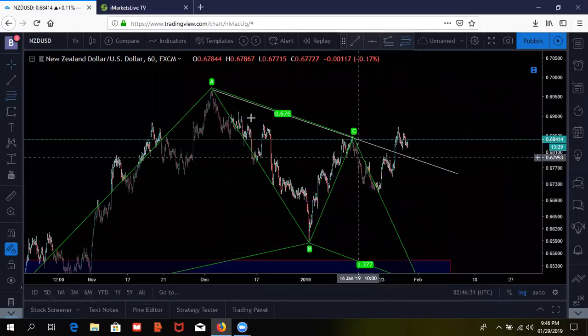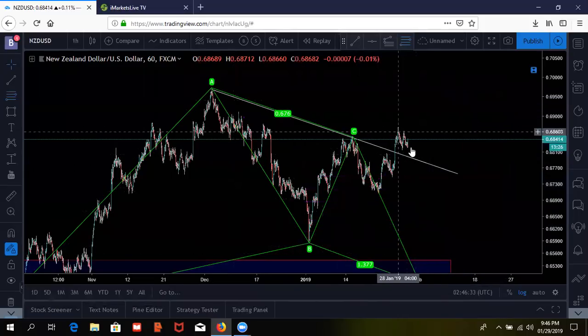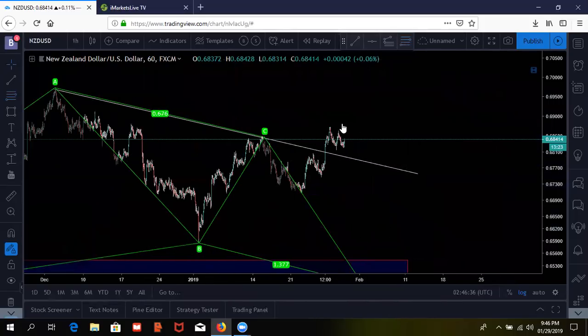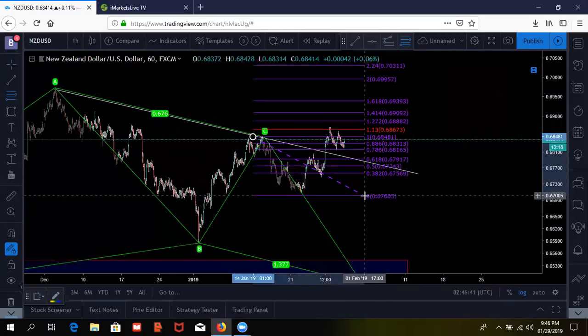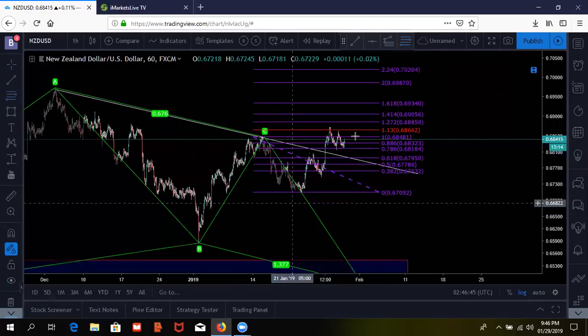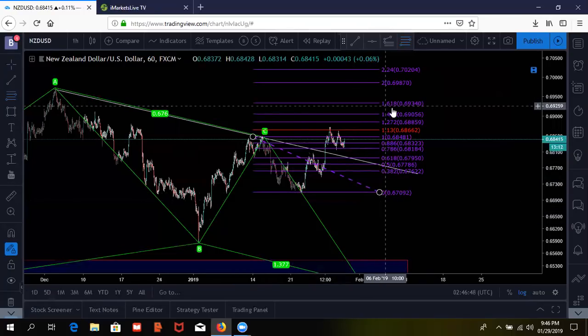But I'd say at this trend line break right here, price could come back up and retest that trend line. And if it does that, then we could get price to push up to this level up here.